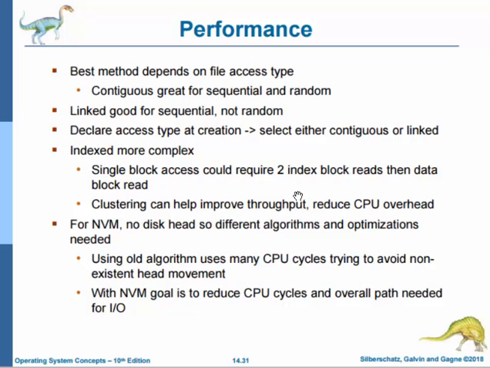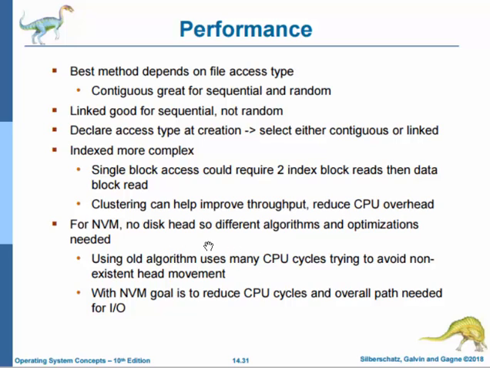And for an extremely large file, accessing a block near the end of the file would require reading in all the index blocks before the needed block finally could be read. Thus, the performance of index allocation depends on the index structure. So that's why it's called a more complex method.